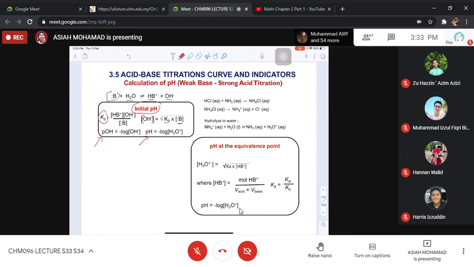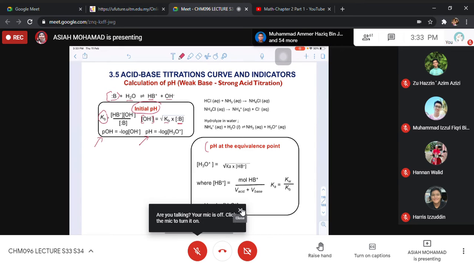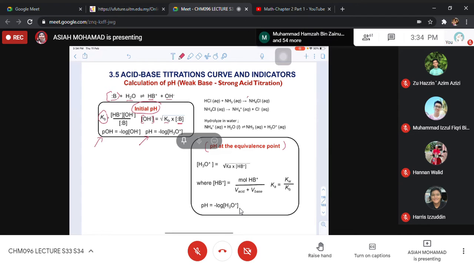And then pH at equivalent point. So at equivalent point, just like I mentioned just now, the species present is only your salt. This is the salt dissociation reaction, and this is what happened. From this salt in water, it will further hydrolyze to produce ammonia and H3O plus.